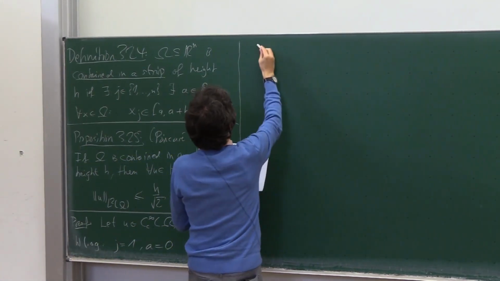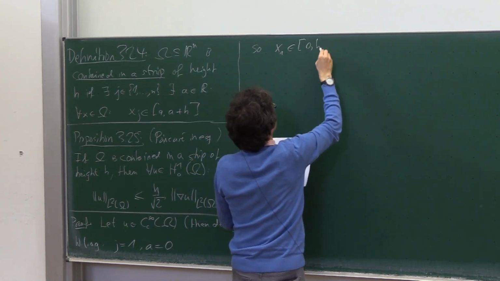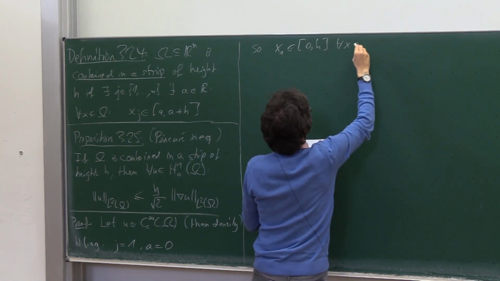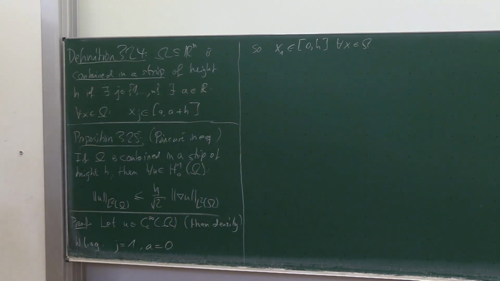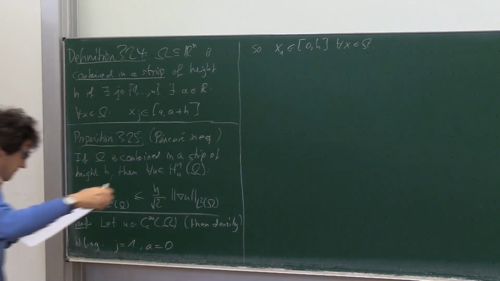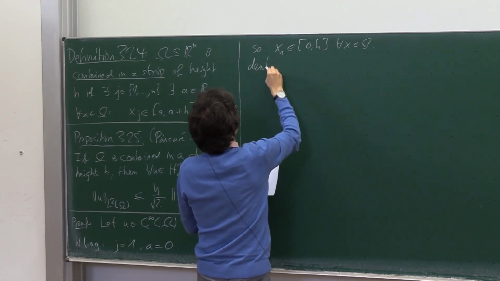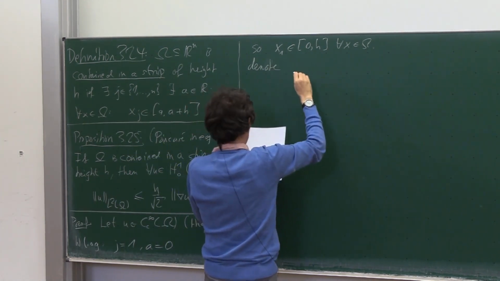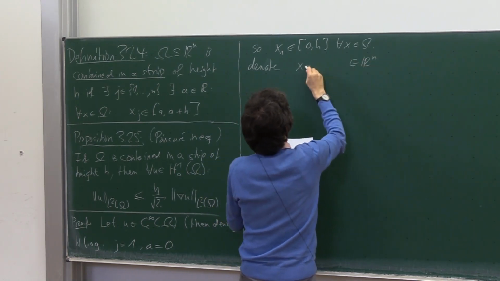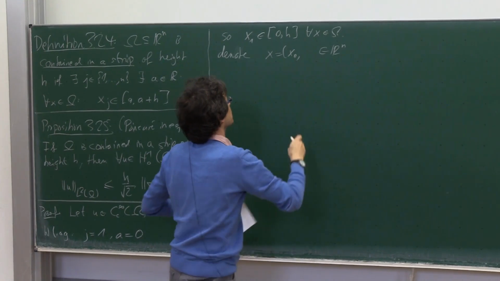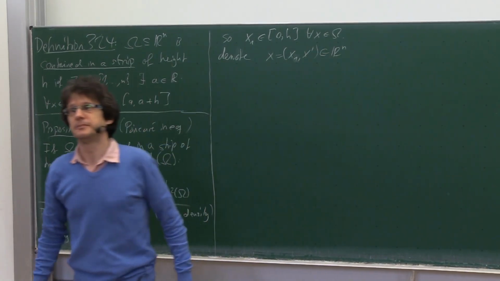So what we know is that our domain is such that x1 is between 0 and h for all x in omega. So this is the shifted and rotated version of being in a strip. And as a notation, whenever I have an x in Rn, the first component is something special, so I will take this out and the rest I will denote by x prime.